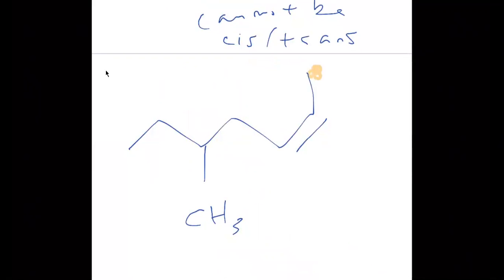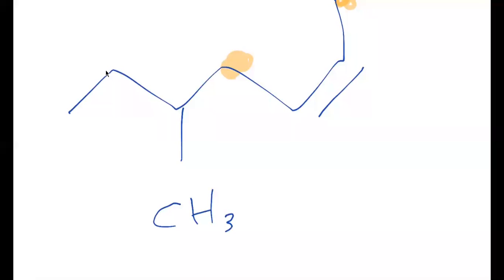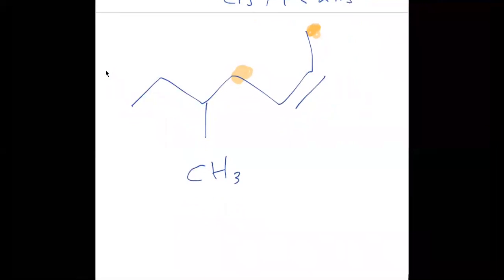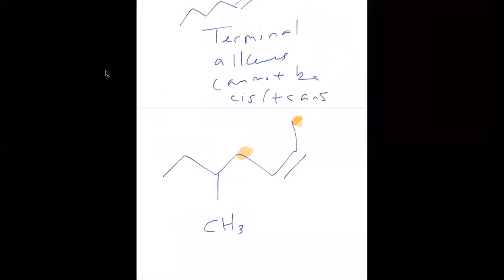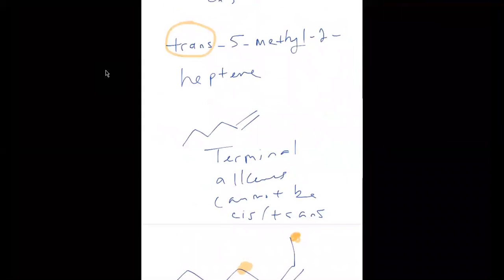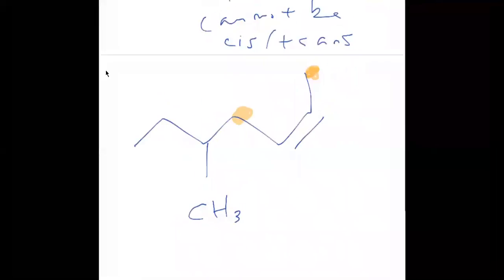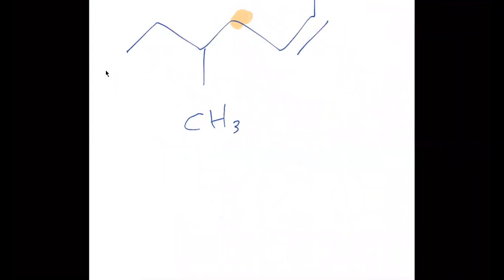This methyl group now is on this side, and then this one is on this side. So both groups are now on the same side of the double bond. Yes or no? Yes. All right. So instead of trans-5-methyl-2-heptene, now this becomes cis.